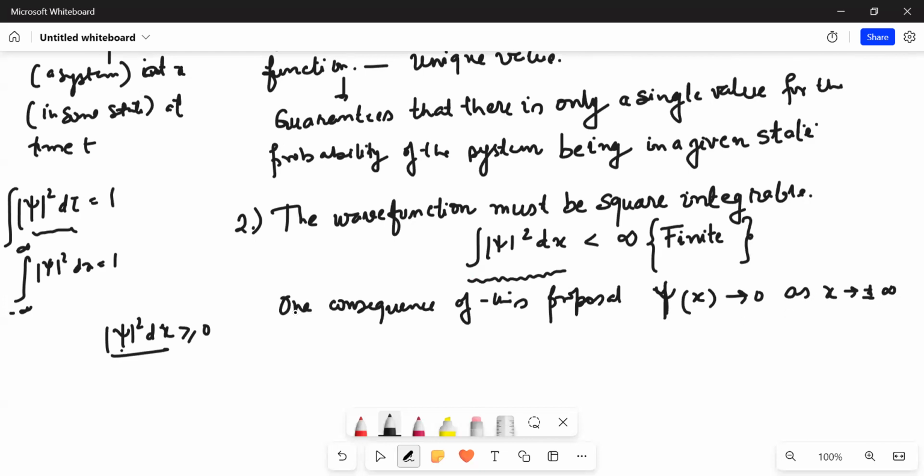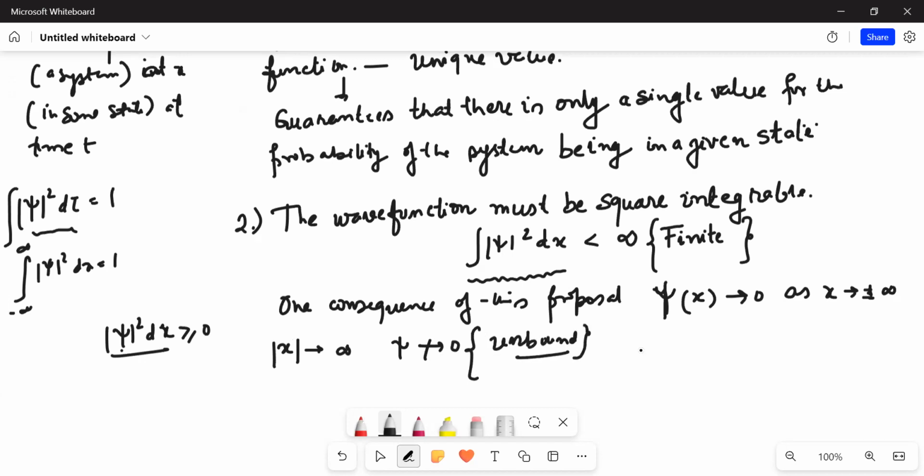Okay, so one can see that if it does not go to zero as x tends to infinity, so if it happens that mod of x tends to infinity and psi of x does not go to zero, it implies that the system is unbound.